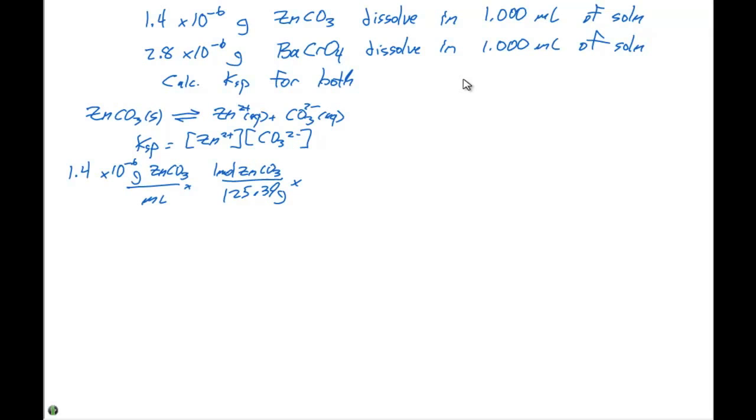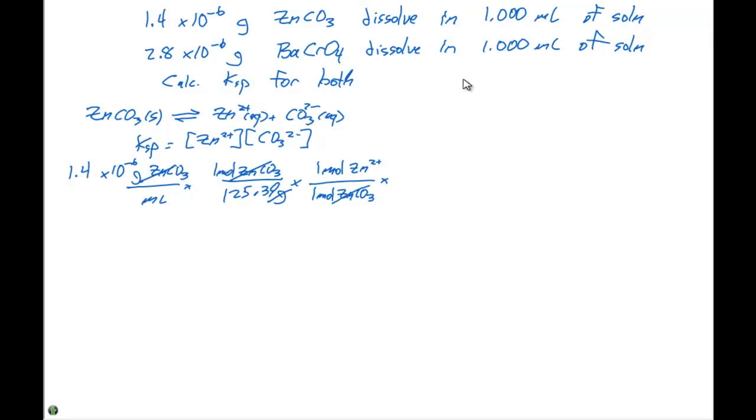For every 1 mole of zinc carbonate that dissolves, we get 1 mole of zinc 2 plus in solution. When we calculate this out, we can cancel out grams, and we can cancel out moles of zinc carbonate, so we have moles of zinc 2 plus.